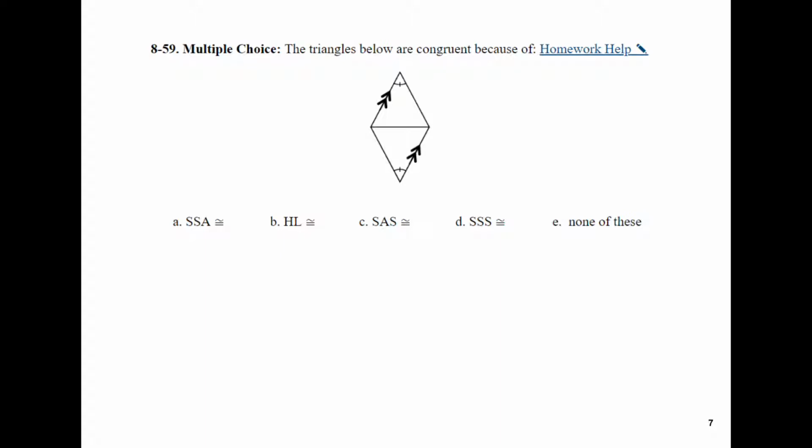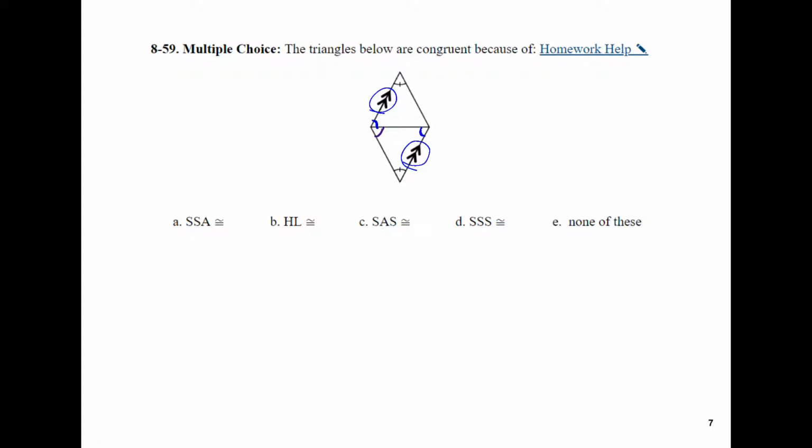8-59 is a multiple choice problem, and it says the triangles below are congruent because of. So looking at my triangles, these symbols right here tell me that my sides are parallel. If my sides are parallel and cut by a transversal, I know that my alternate interior angles are congruent.